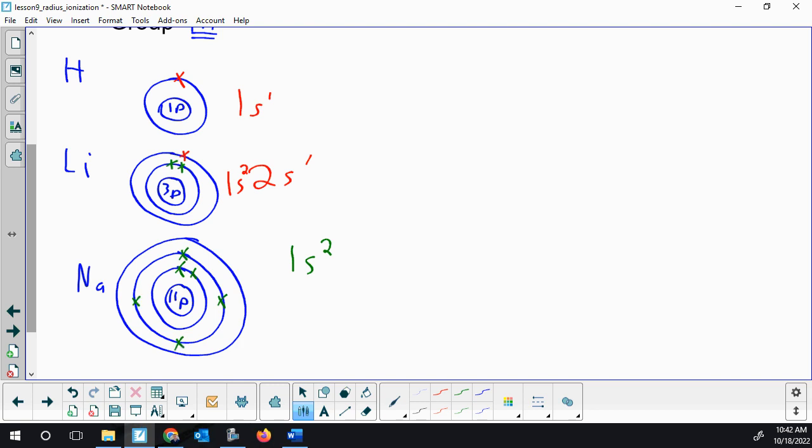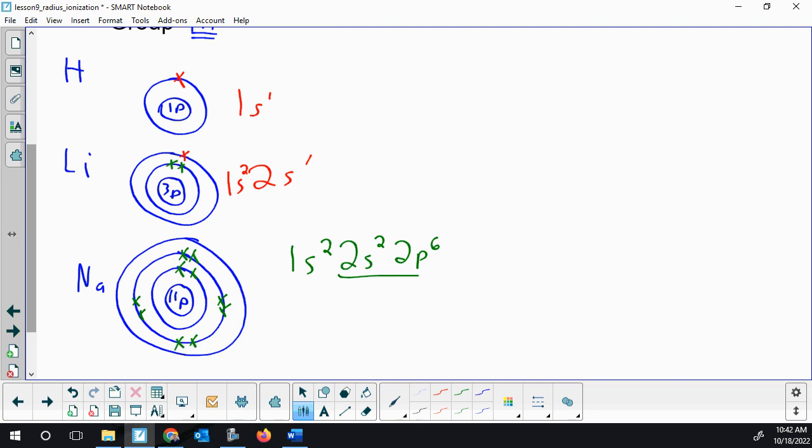Those would be all spin-ups. 5, 6, 7, 8. If you ever wondered why in Bohr you put 4 pairs, it's because you've got 2s2, 2p6. There's 4 orbitals in total, and that's why we put 4 pairs in the Bohr model.